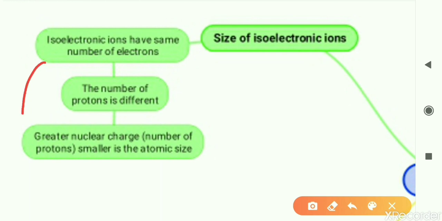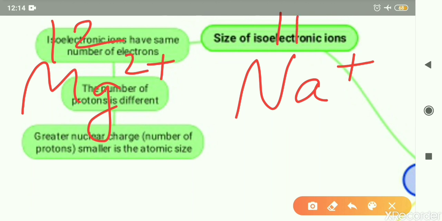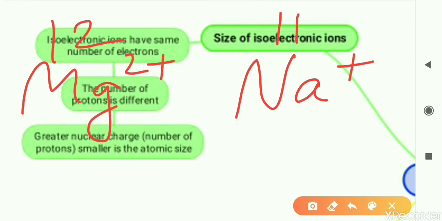For example, magnesium forms Mg2+ ion. Similarly, sodium forms Na+ ion. You can refer to the example in the textbook as well. Magnesium has atomic number 12. Sodium has atomic number 11. Now because a 2+ ion is formed there, it has lost 2 electrons.